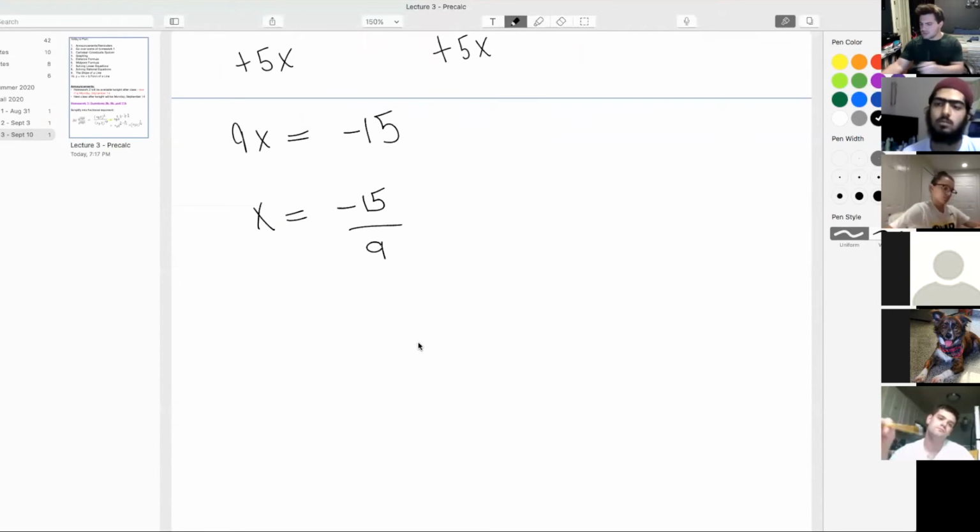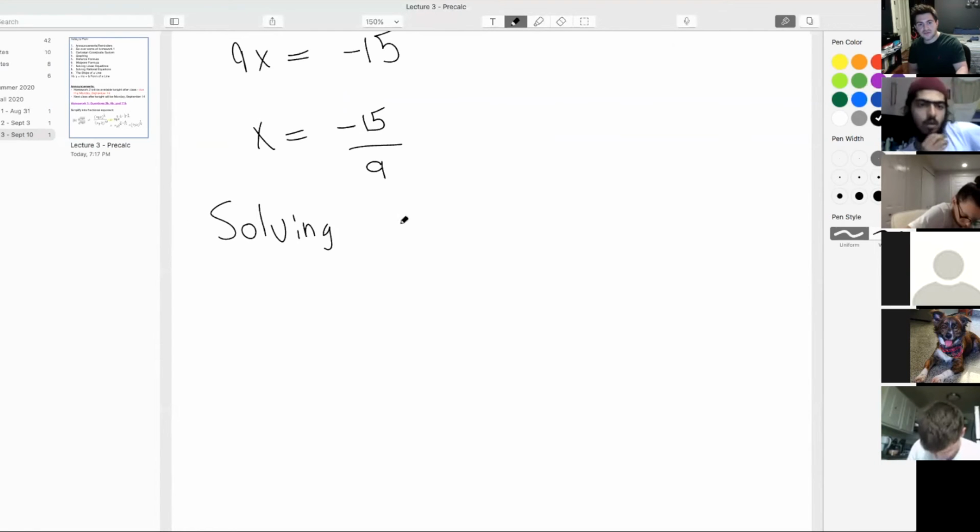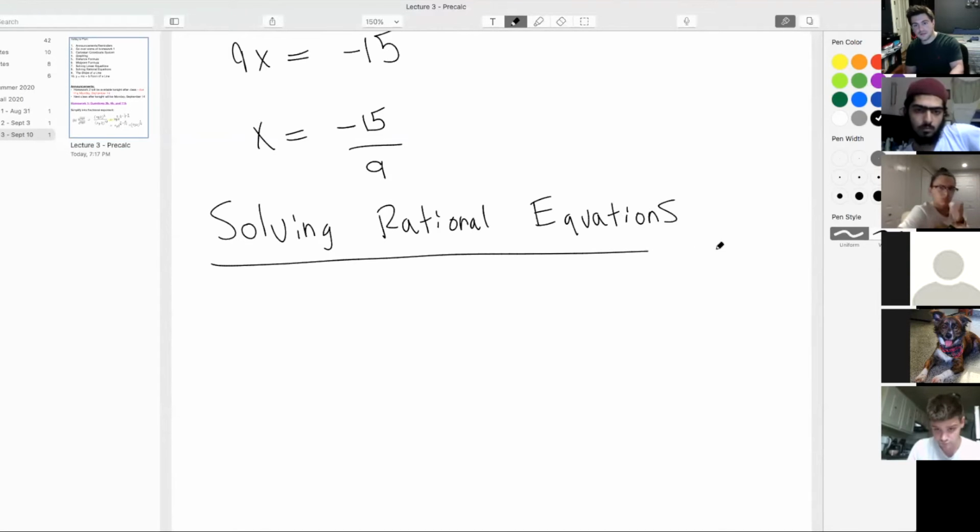Okay. Next thing we'll do is solving rational equations. This is a generalization of solving linear equations, a step up from linear equations. All right, so of course I need to define what a rational equation is.